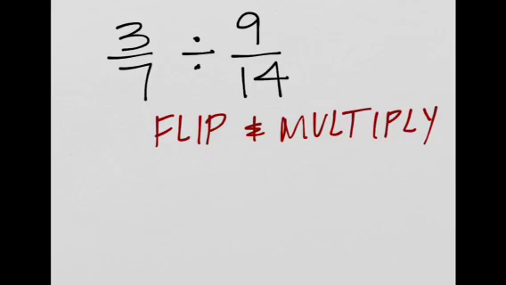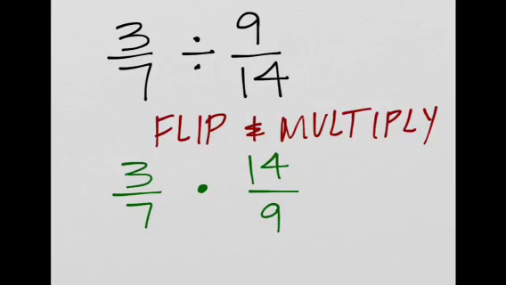Meaning, our first fraction is going to stay the same, so that's still 3/7. The flip part comes from taking 9 over 14 and flipping it, so 9 over 14 now becomes 14 over 9. And the multiply part comes from taking our division and making it multiplication. So 3 over 7 divided by 9 over 14 is actually 3 over 7 times 14 over 9.